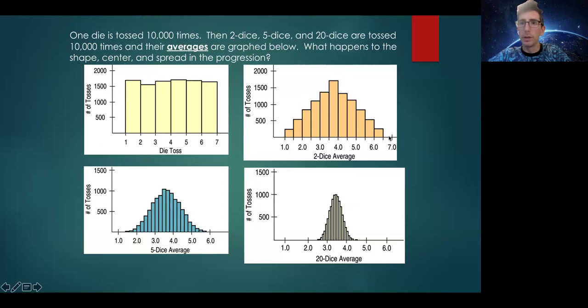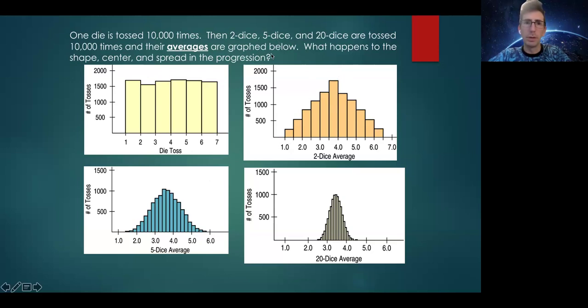This is what that looks like if you take the average of 2 dice and plot it 10,000 times. See how this starts to look normal already? It's already unimodal. It's already symmetric.